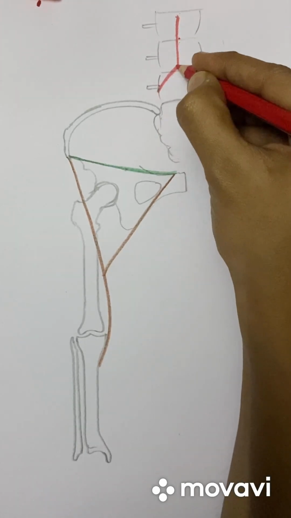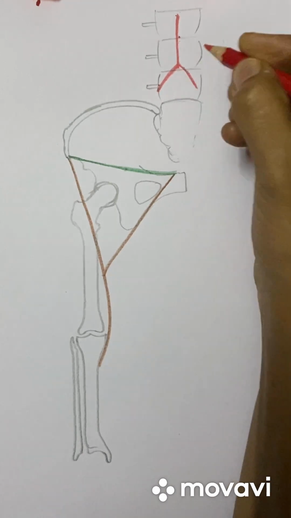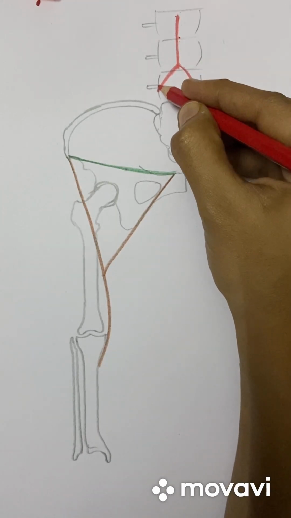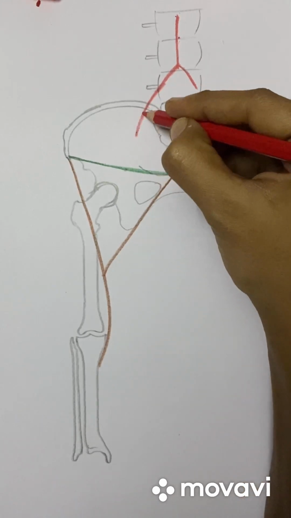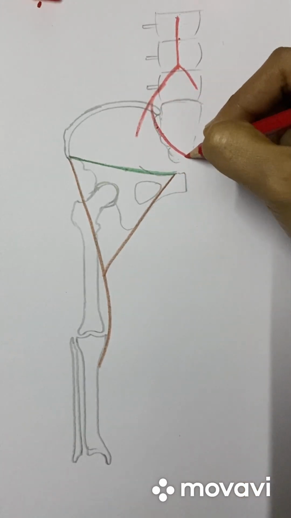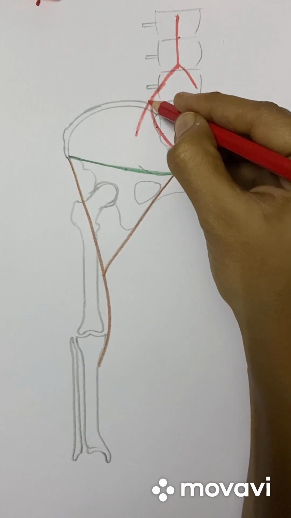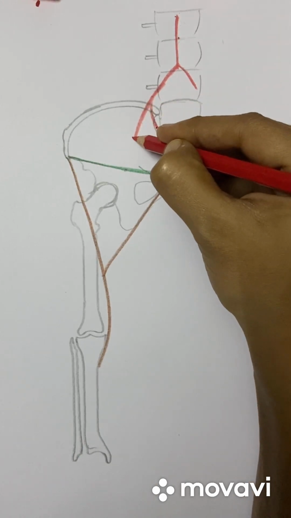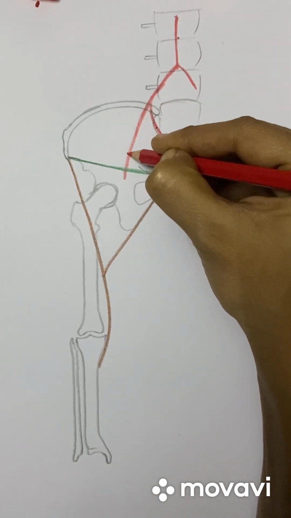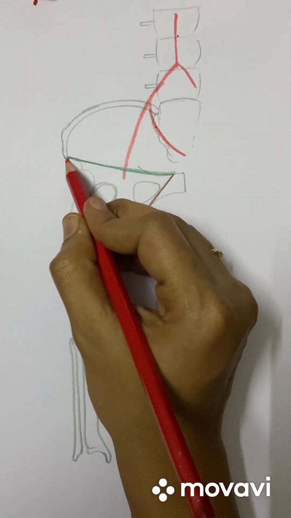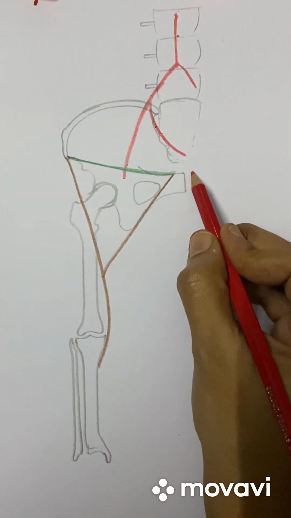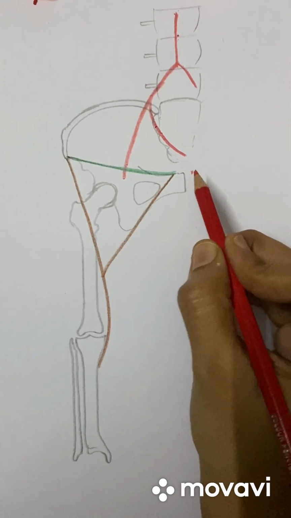it has femoral artery. How the femoral artery is present in the femoral triangle. So we should know about abdominal aorta, which divides into two common iliac arteries. This common iliac is further divided into external iliac artery and internal iliac artery. This external iliac artery, when it crosses the inguinal ligament, that is when it enters the femoral triangle, it becomes femoral artery.